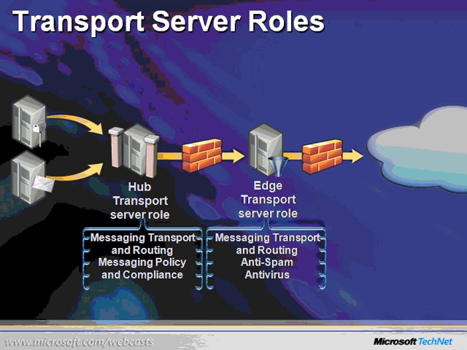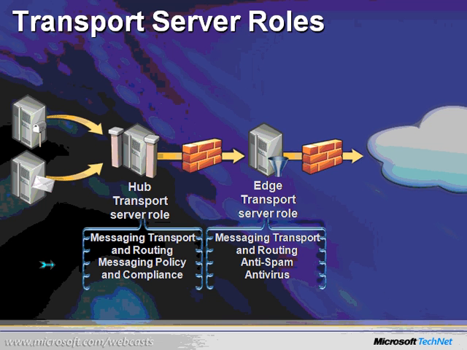So now when you take a look, let's start with the hub transport here. The hub transport server role is responsible for that message transport and routing. Right? This is the one that sits inside your network in the corporate environment, and it will calculate and figure out where your mailbox is and deliver the message appropriately. Right? That's the transport, that's the routing.